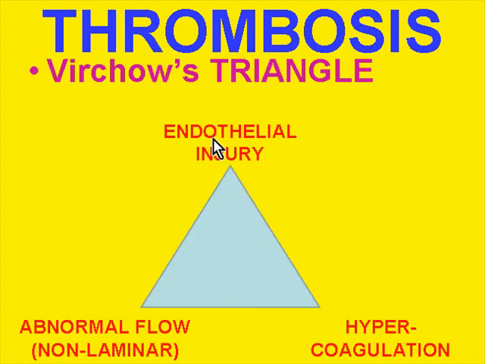If your endothelial cells are injured, disrupted, anatomically, physiologically, that is a main thrust for thrombosis. If the blood flow is non-laminar, perhaps it is static, sluggish, or has a lot of eddy currents, that's another contributor towards thrombosis inside of a blood vessel.